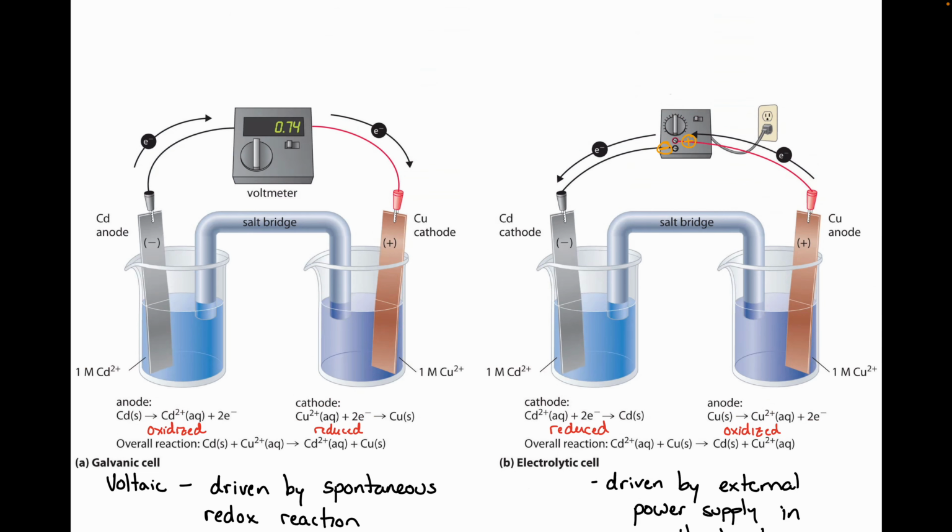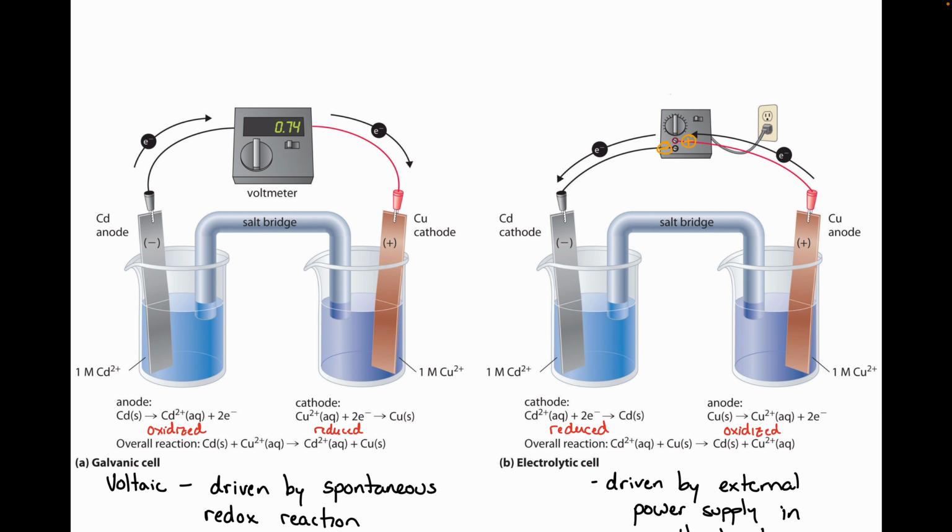Correct, because that is what's driving the electrons. The electrons are not being driven away by the copper. They're being driven by the external power supply. The metal pieces keep their charges as negative and positive, like the cadmium has that negative charge on it.